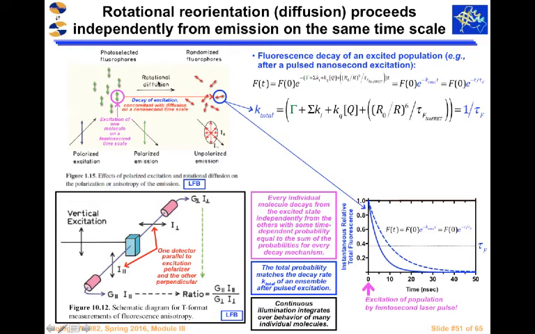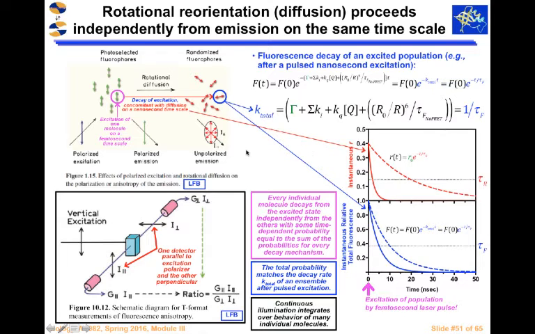It turns out the net rate of reorientation, integrated through an ensemble, is captured by a single exponential, and that exponential is called the rotational correlation time.